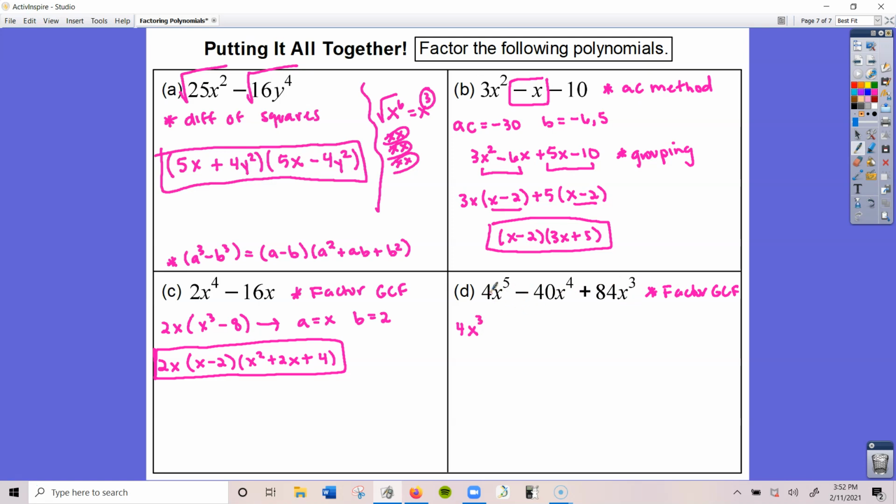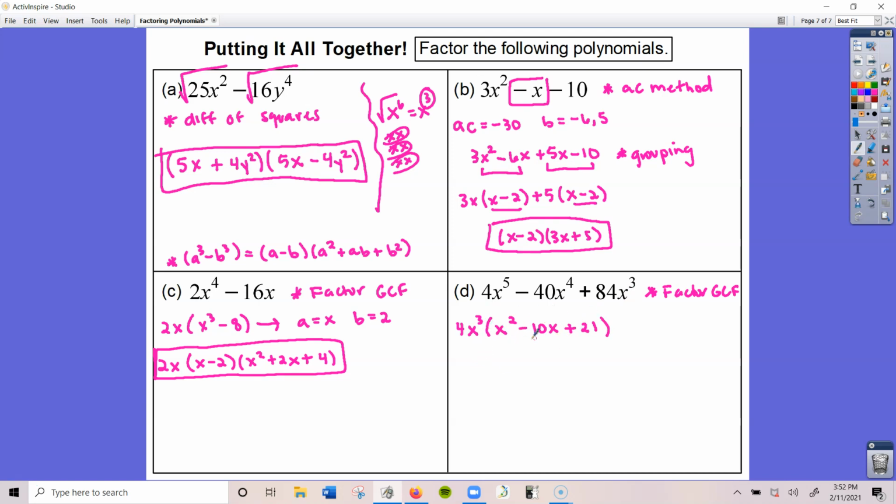You can always take out the least amount that is present, so since the least is x to the third, that's what I take out. Now 4 divided by 4 is just 1, and I already have 3 x's outside, so we're left with x squared, minus 40 divided by 4 is 10, I have 1x left, plus 84 divided by 4, which is 21.